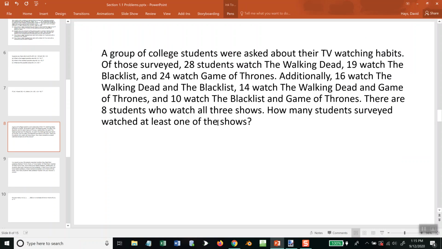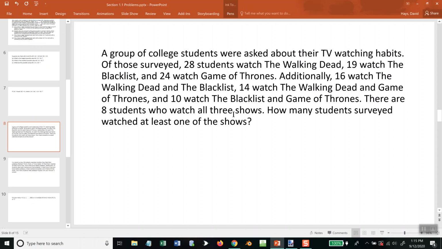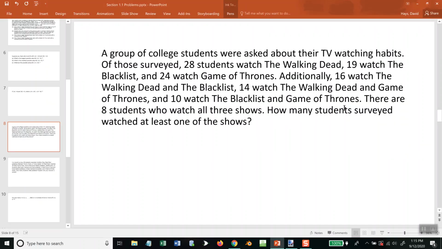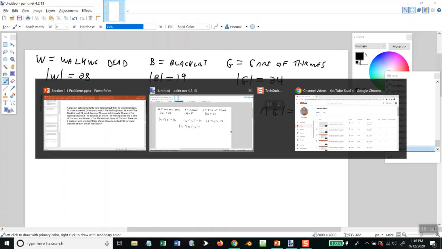And 10 watch Blacklist and Game of Thrones, B and G. Okay, there are 8 students who watch all 3 shows. So the cardinality of Walking Dead and Blacklist and Game of Thrones is equal to 8.